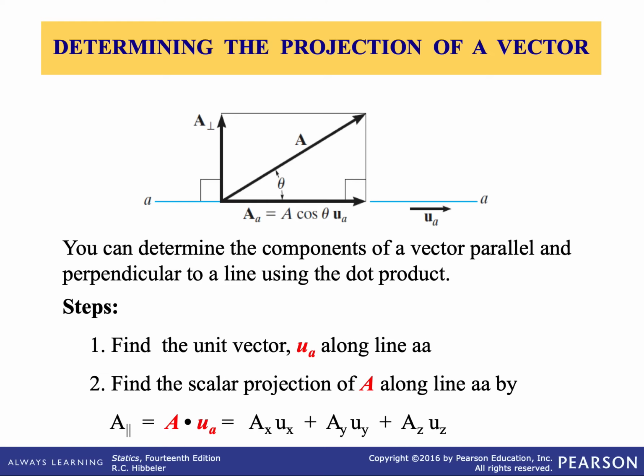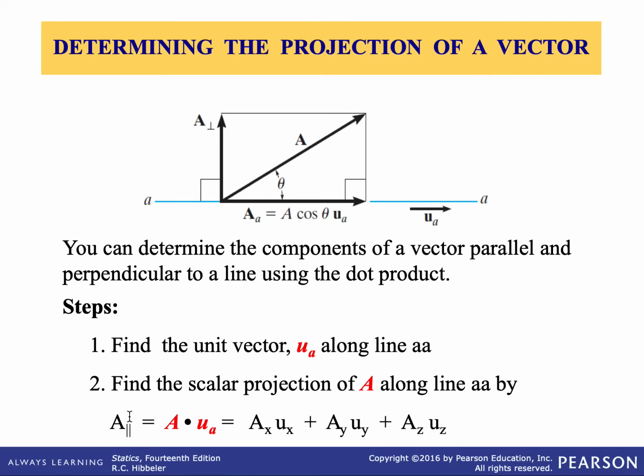We're going to use UA, and the next step in order to find the projection is to do the dot product between your vector A and the unit vector of AA. That's going to give us the parallel component of A along AA. Remember that the result is a scalar.